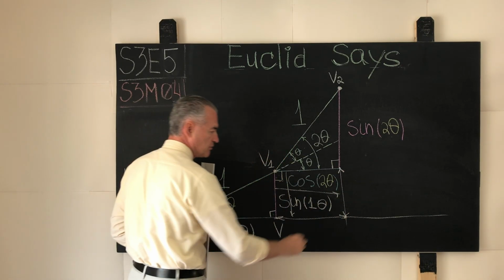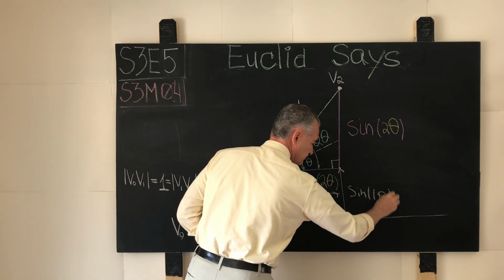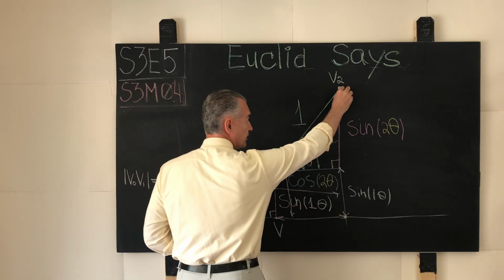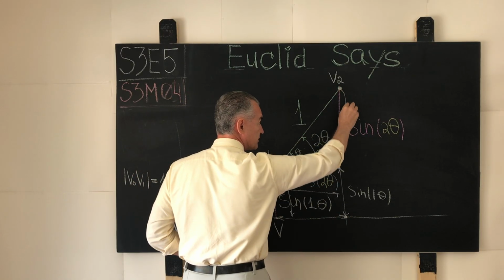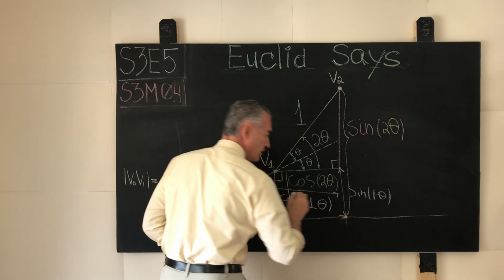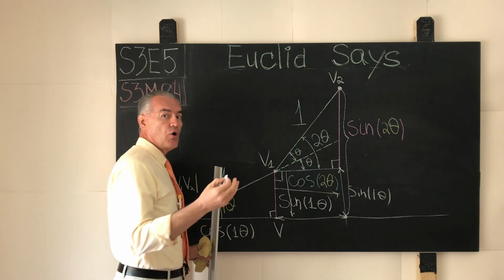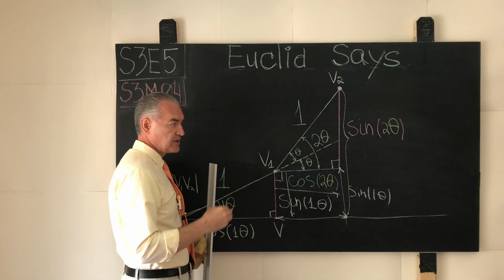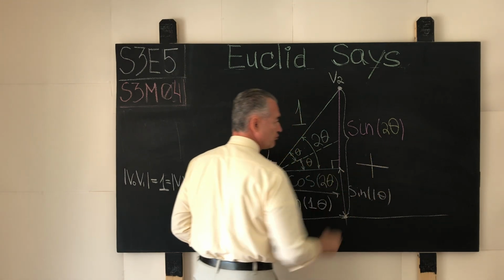Well, this distance will be sine of 1 theta, you see, and from this point to this point, this distance right here will be a geometric representation of the algebraic sum of the first two terms, sine of 1 theta plus sine of 2 theta.